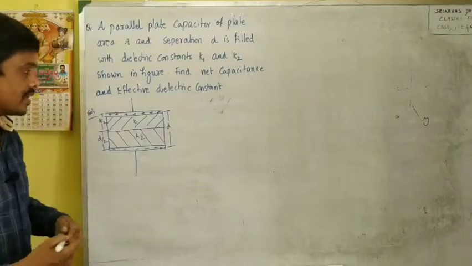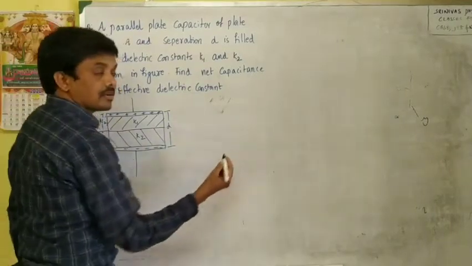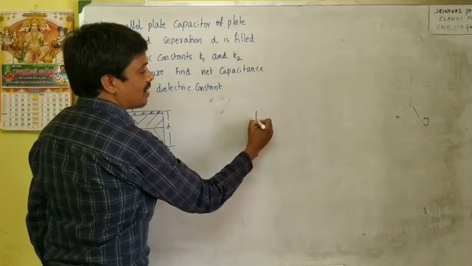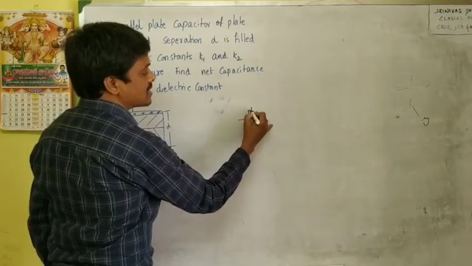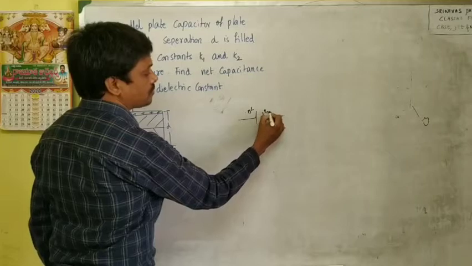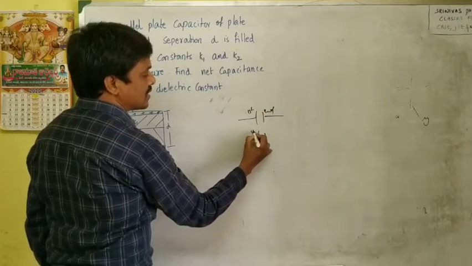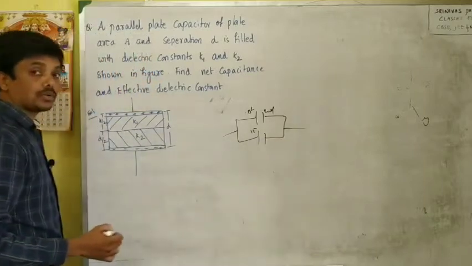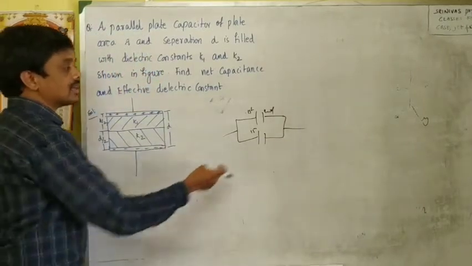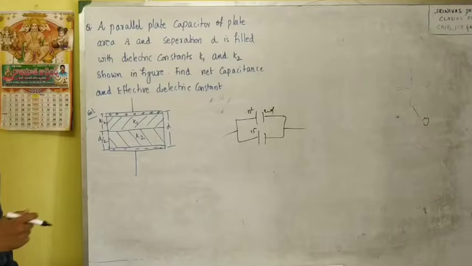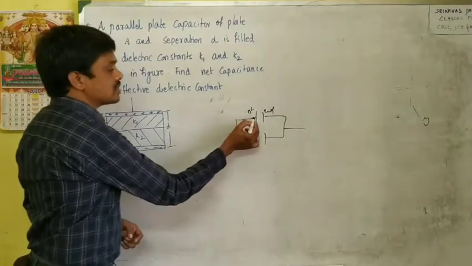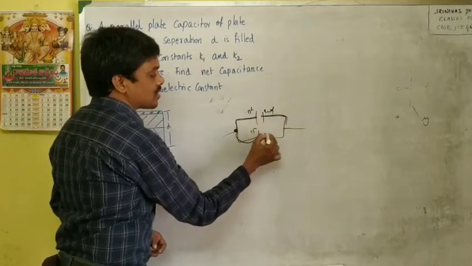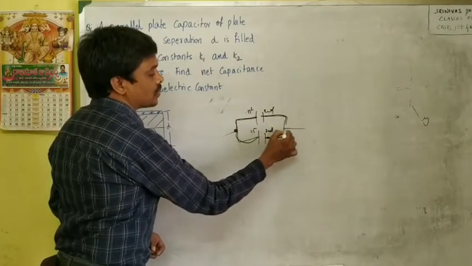In a parallel combination, all the first terminals of the capacitors are connected to one point, and all the second terminals are connected to another point. Then the capacitors are said to be in parallel.